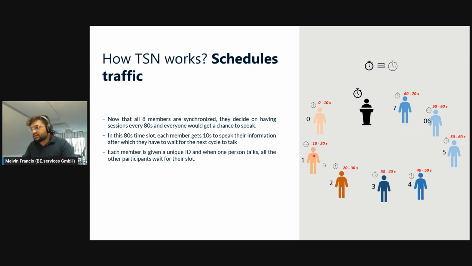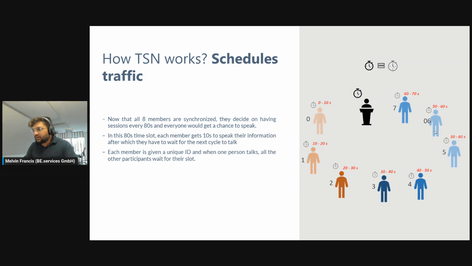If person one talks, person two has to wait for a slot, and similarly it goes on. So there are totally 8 people here, and they have split the entire time into 10-second slots, so that when one person speaks, the others have to wait. Even if person one has information that he needs to talk about for 30 seconds, he has to wait for 3 cycles to complete his information, so that nobody's information is dropped.